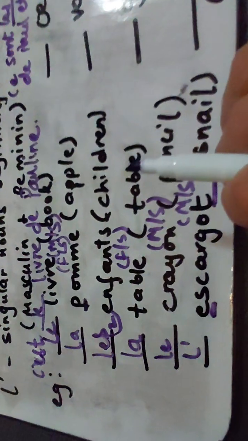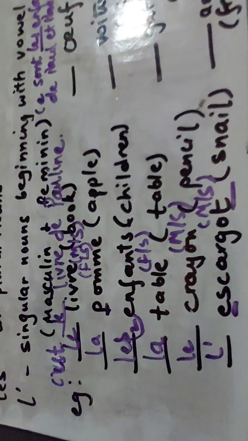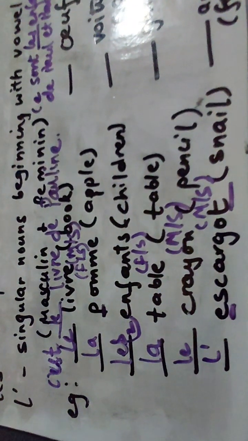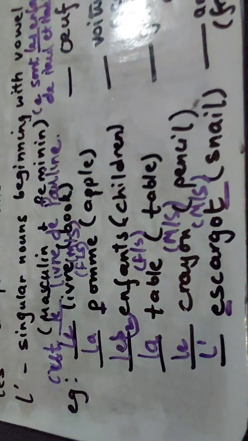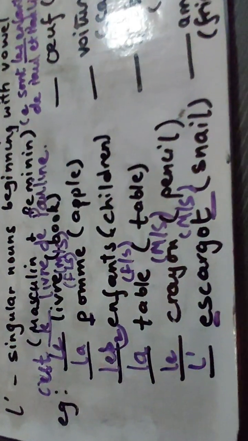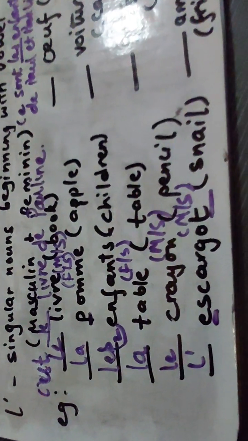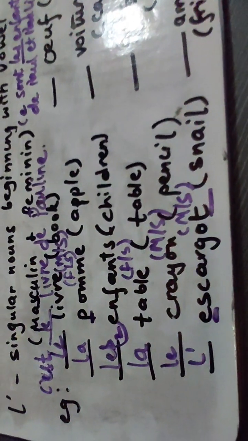So we form a liaison which will produce a Z sound. So it's going to be les enfants, la table, le crayon, l'escargot.